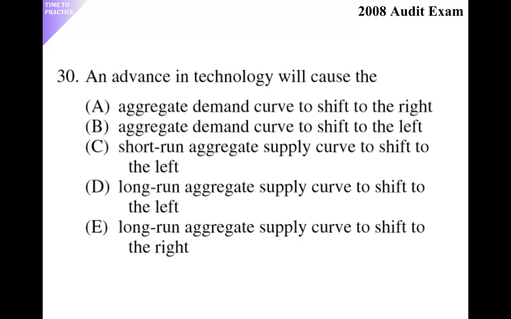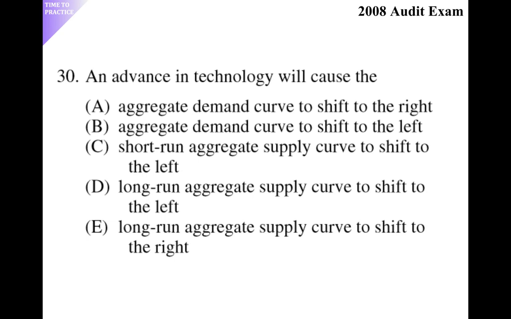So let's take a look. We're going to do a couple of practice questions. Make sure that you take a moment, pause, and read all the options before you see the answer so that you have an opportunity to really test your knowledge. An advance in technology will cause the... I already know that technology has an impact on the SRAS, the LRAS, and the PPC. An advancement means that it's going to increase our ability to produce, which means that it's going to be a shift to the right.